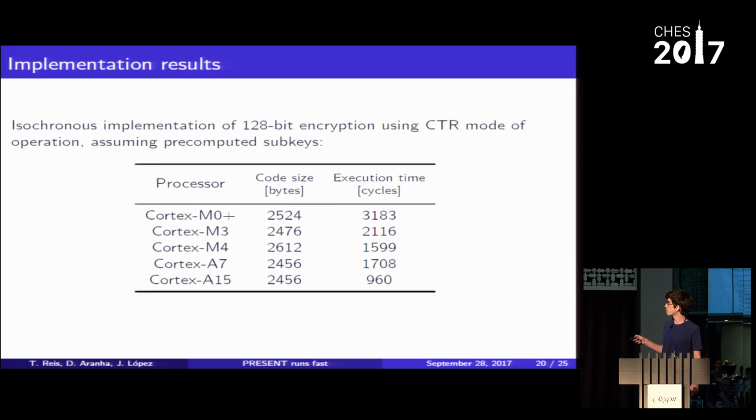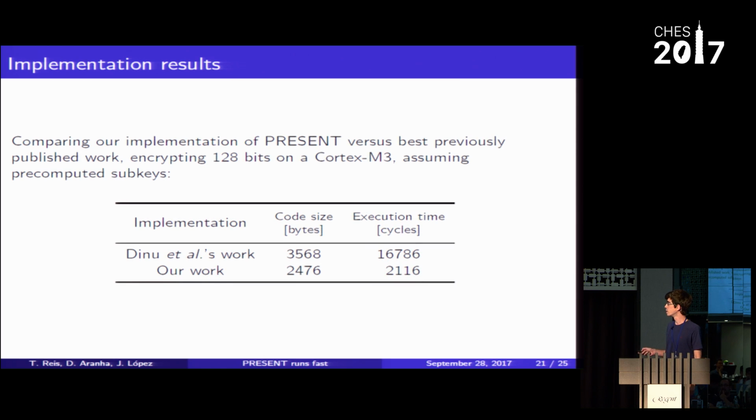Here we have our numbers for code size and execution time. And if we compare to Dinu et al.'s work, which is when the FELICS framework was proposed, we notice that our execution time is almost 8 times better, and still we have a code size that is a bit smaller.